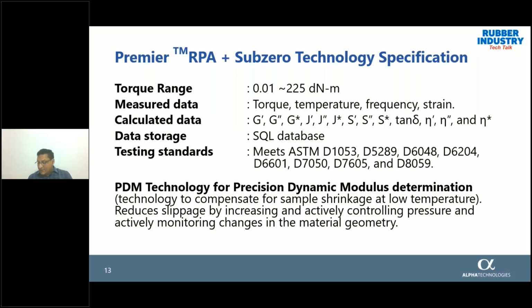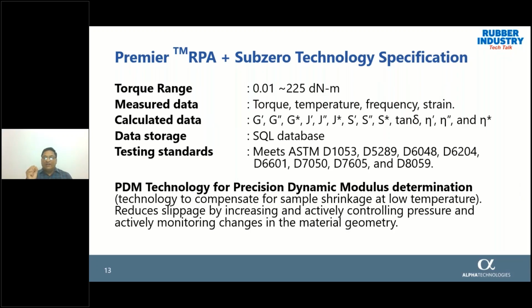Now let us discuss the PDM technology, which we call the precision dynamic modulus determination technology. This technology is to compensate for sample shrinkage at low temperature. As you know, when we are curing any rubber compound at a high temperature of, say for example, 180 degrees centigrade, and when we cool down the die temperature, the rubber sample shrinks away.